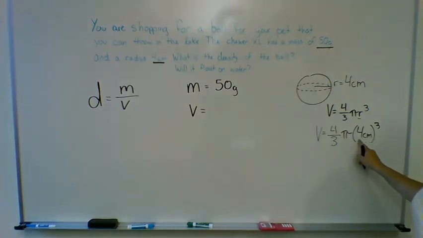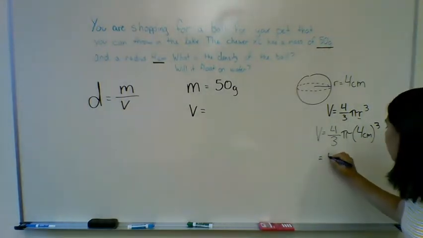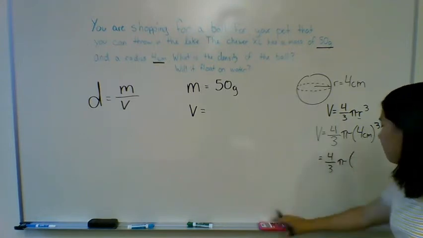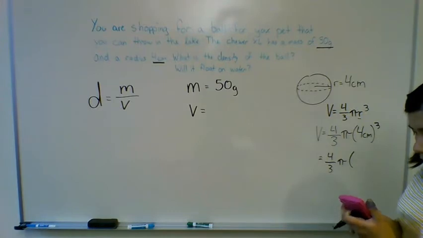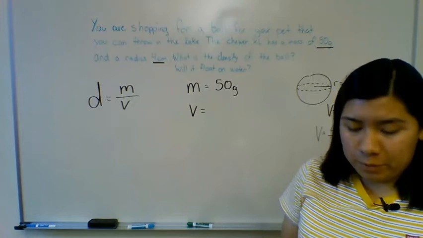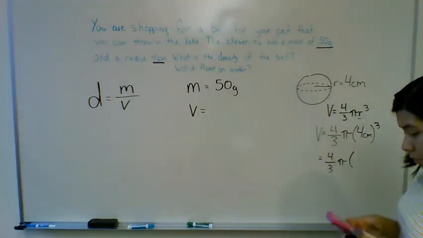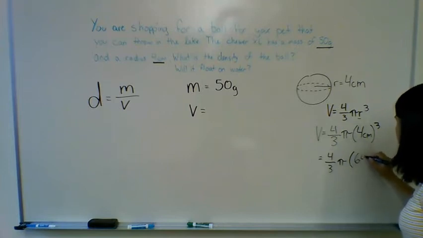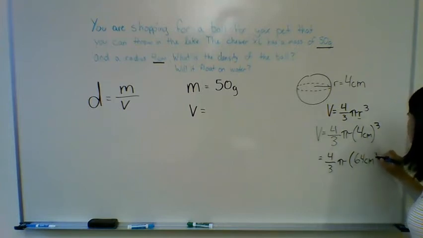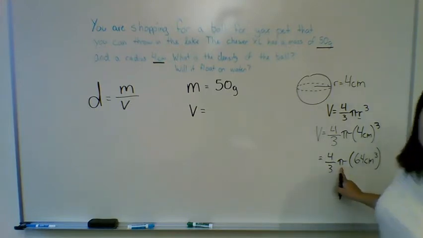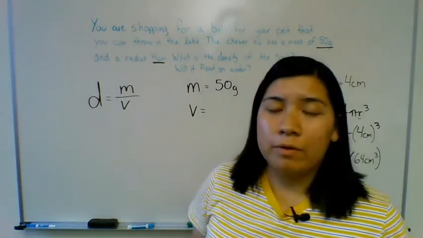Now I'm going to put this into my calculator, so I'm going to do first 4 cubed. Don't forget that 4 cubed is 4 times 4 times 4. And we get 64 centimeters cubed. I'm going to multiply that times pi, which it's okay if you just do 3.14.